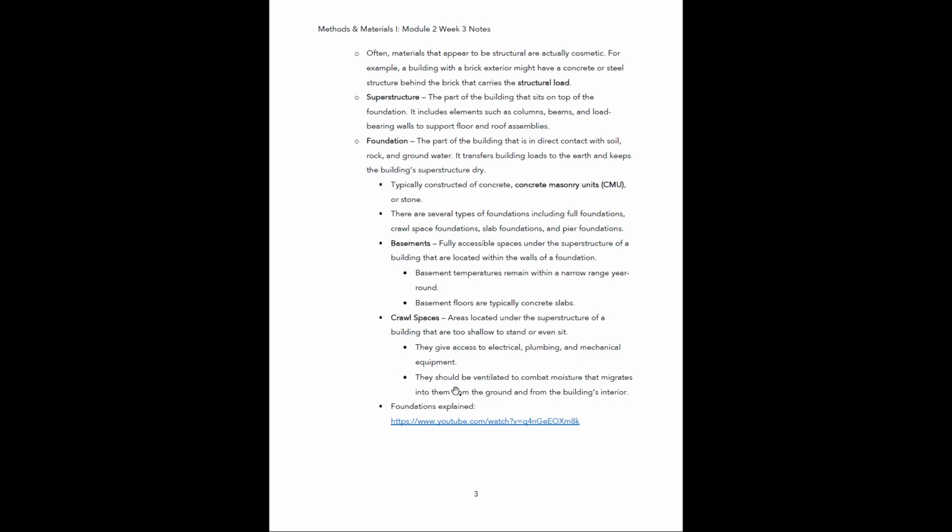And they should also be ventilated to combat moisture that's going to migrate into them from the ground and from the building's interior. So crawl spaces aren't really going to have concrete slabs as their floor to block moisture. So they're a lot more open, and they have a tendency to get moisture into them.